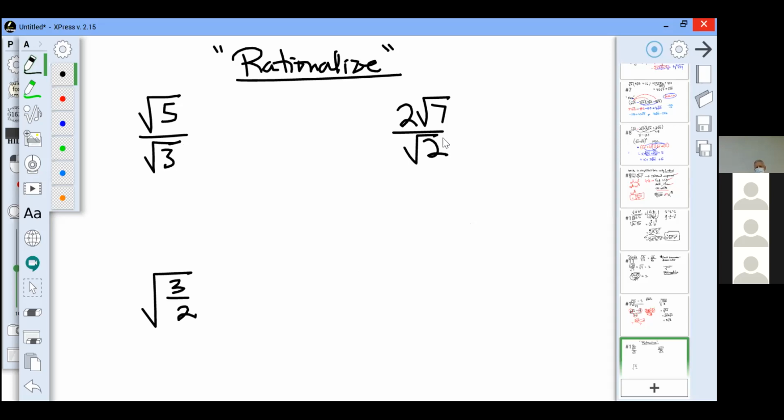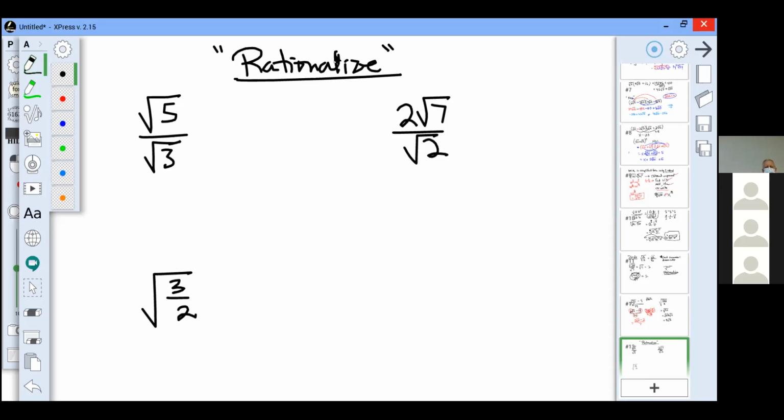And I can't technically divide these as decimals because you've got a non-terminating, non-repeating decimal on the outside of the division. So the concept of rationalizing is to make sure that the denominator is a rational number versus an irrational number, because it terminates as a decimal.